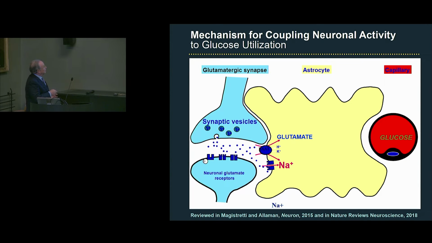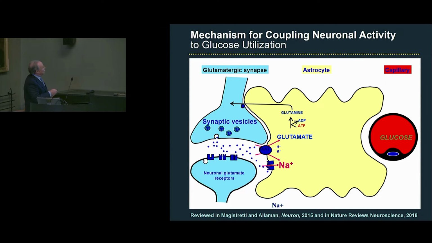So you have here a presynaptic vesicle releasing glutamate, which will act on postsynaptic receptors and excite neurons. But as I mentioned earlier, in particular, the group here in Oslo showed the importance of the reuptake of glutamate by the astrocyte, one of the main functions known at the time for astrocytes. Taking up glutamate has two consequences.